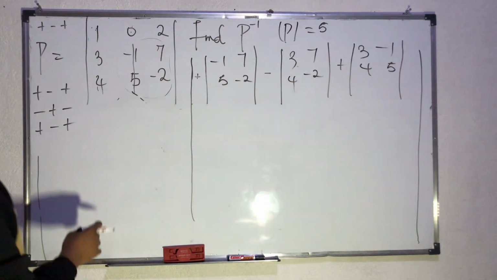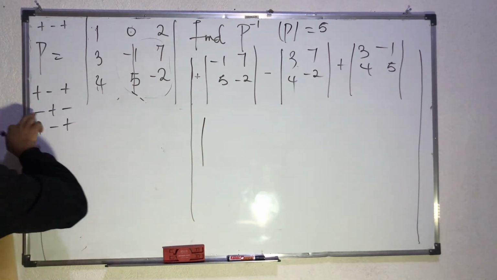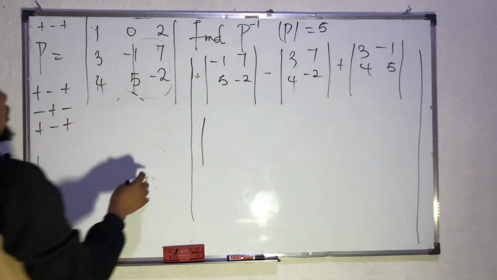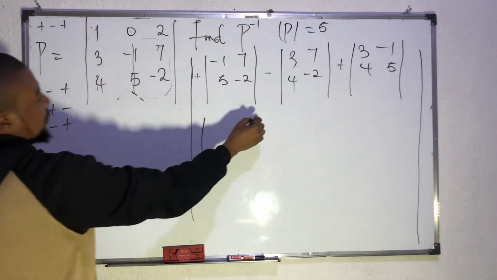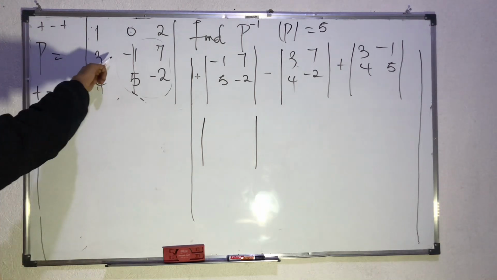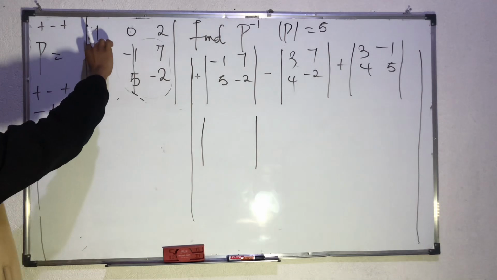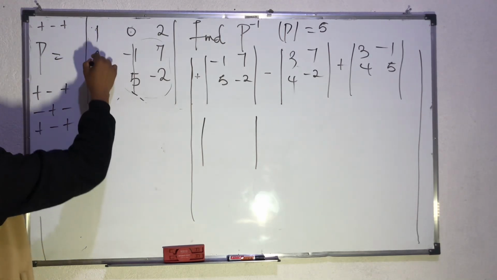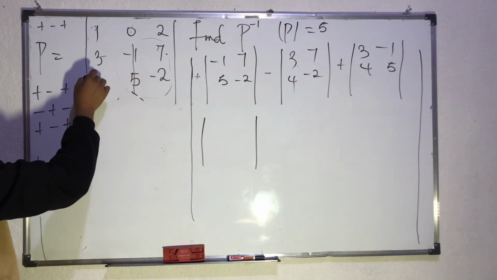Okay. And for the next one, we are going to also apply this sign constant here. So now we're going to go to the second row, which is our 3. To get the children, I will say children for a better comprehension. So for 3, we simply hide the row where 3 is found and the column.